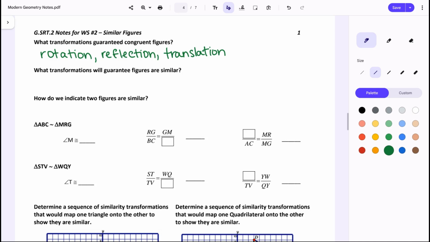So when we talk about shapes being similar, it means that they're the same shape, but they're not necessarily the same size anymore. So right here where it says which transformations will guarantee that shapes are similar, go ahead and write next to this: similar means same shape but different sizes.